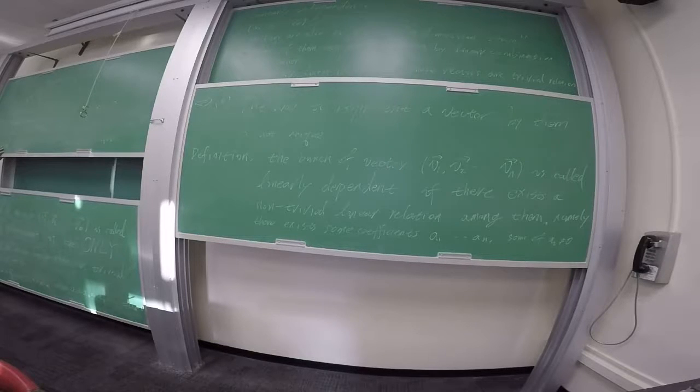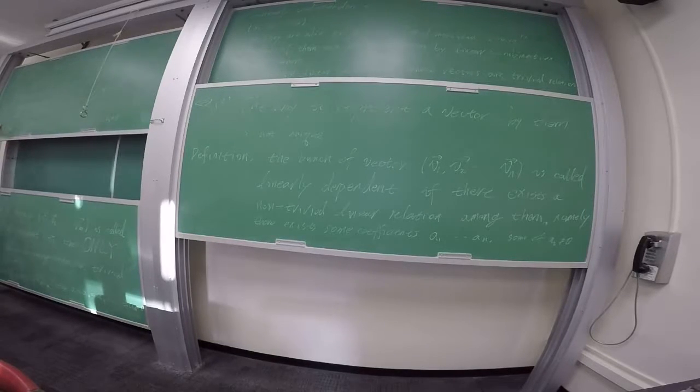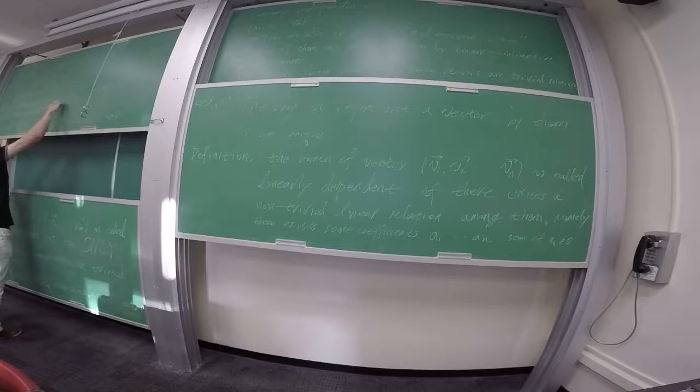Another value you want to try? 0? Okay, 0 is a clever try because if you plug in 0, you make the x terms go away. So let's plug in x equals 0. What we get is 0a plus 0b plus c equals 0. This equation already forces c to be 0.